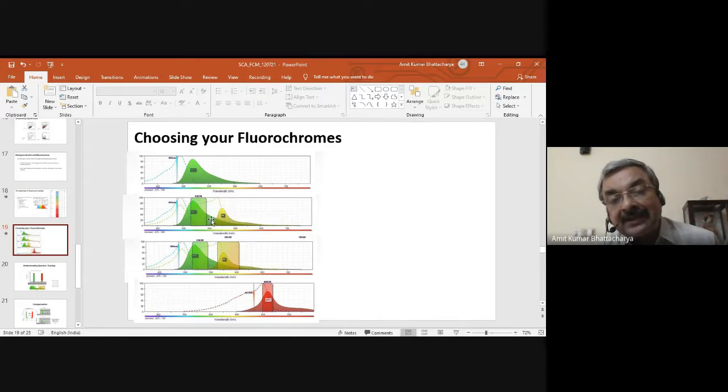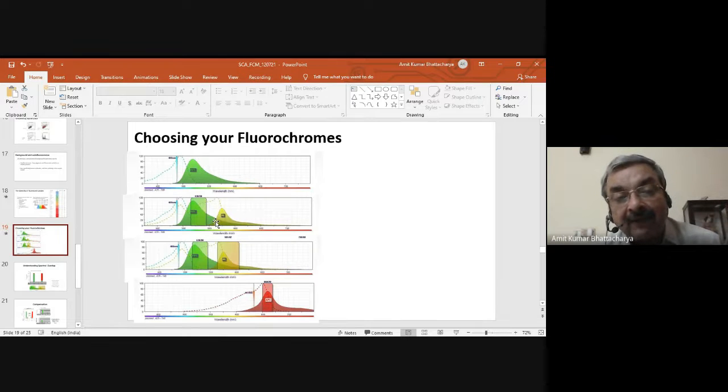Let's say I have a filter in front of a detector to only detect light of this wavelength range.